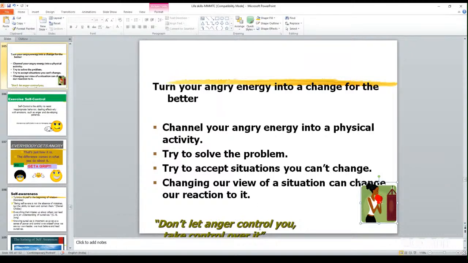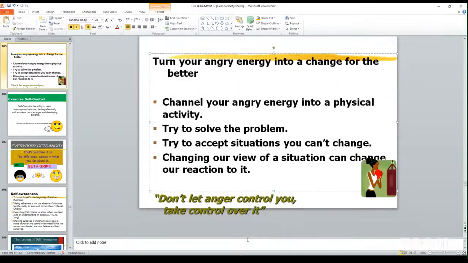Rather than that, we can think of doing something better. I can tell you in a simple way: don't let anger control you, take control over the anger. That is more important. Better you take control over the anger, then things will be fine.